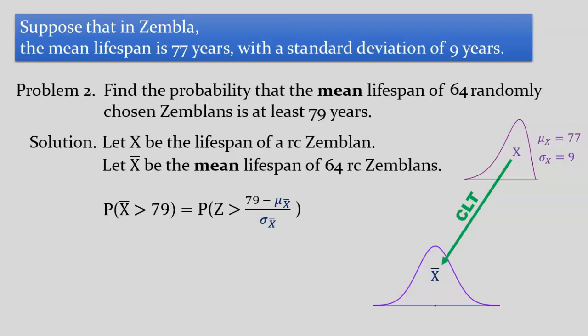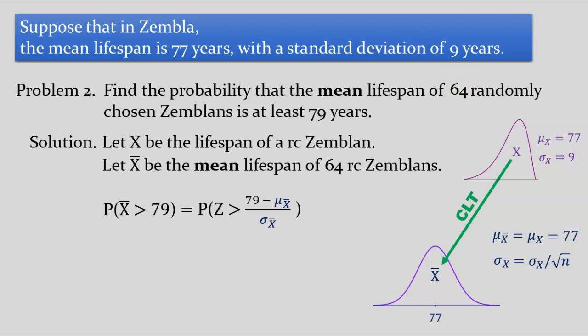To carry this problem to its conclusion, we'll need the numerical values for the mean and standard deviation of x bar. Well, the mean of x bar is always just the mean of x, which we know is 77 years. As for the standard deviation of x bar, we've seen that this is the standard deviation of x itself over the square root of the sample size.